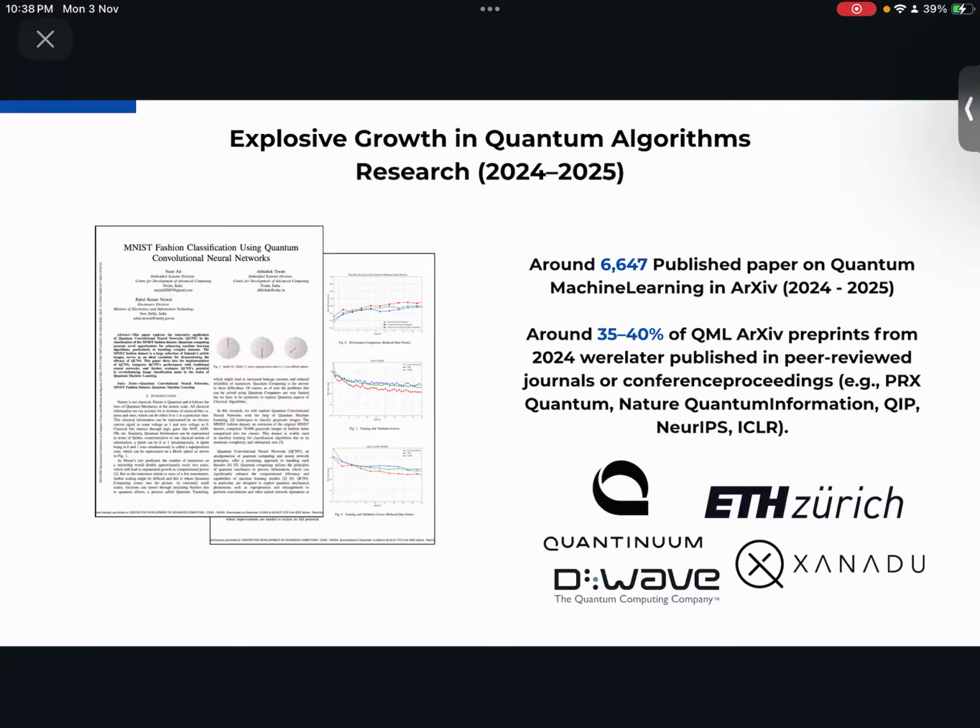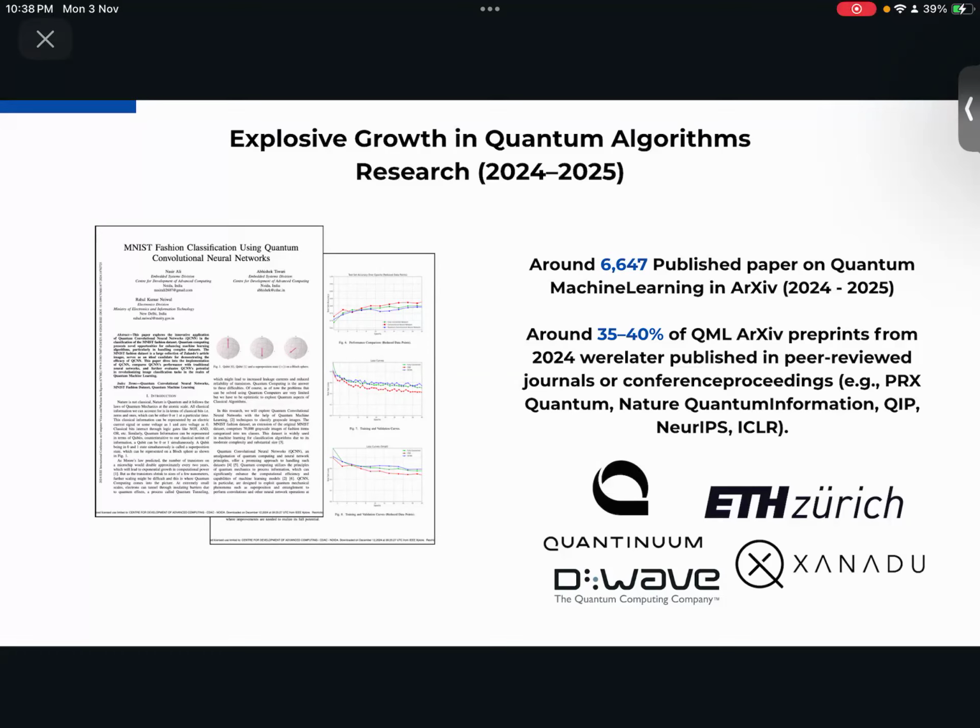And we also have some leading institutions that are doing quantum machine learning. So we have Quantinuum, which is a UK-based company, and for now it's the largest quantum computing company that exists. They are highly focused on quantum NLP, quantum machine learning, and also quantum generative AI.